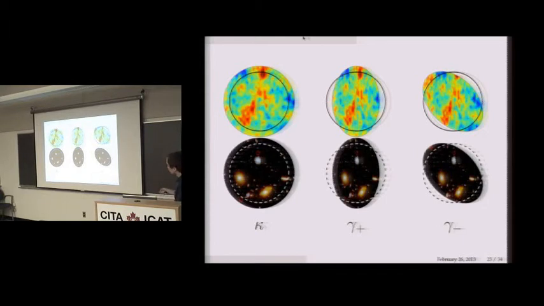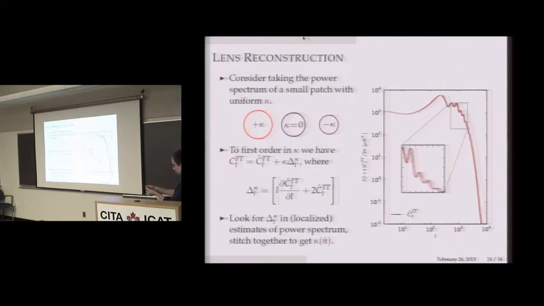So if you just consider the magnification effect, you're either shrinking or enlarging patches of the sky. That's just going to shift the power spectrum. It's like a local change of scale. You expanded or shrunk the x-axis of this plot. So again, you just look at different positions on the sky for this difference in the power spectrum, and you can use that to reconstruct the convergence.